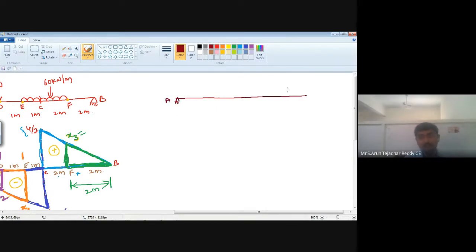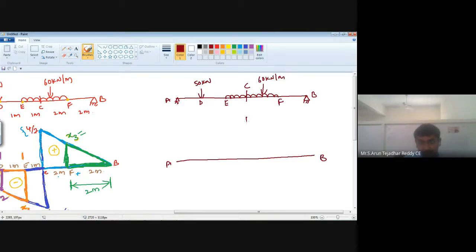A, and here it is 50 kilonewton, 60 kilonewton, and here it is D, here it is E, here it is F. Okay, now again A to B, and here we have a C. Here a load is acting, so draw one line here.